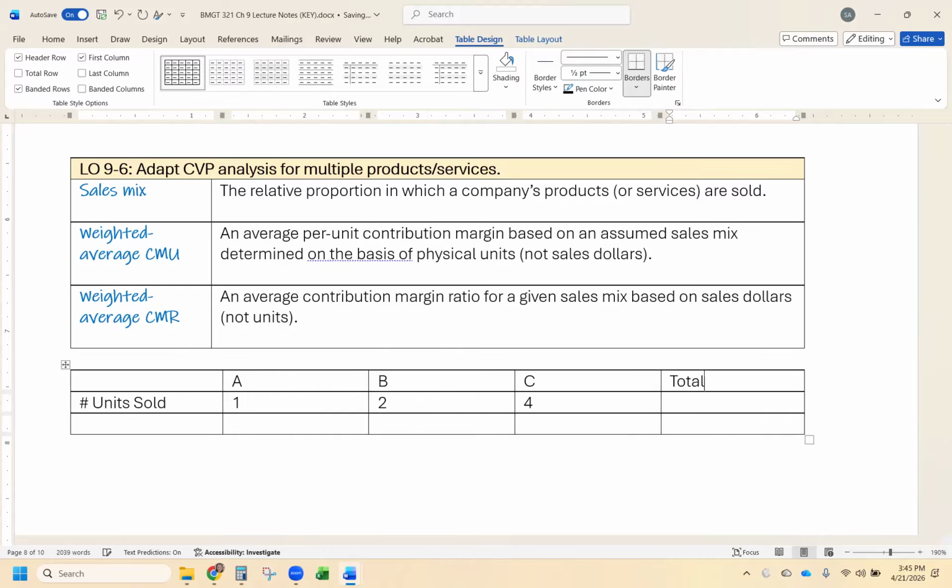All right, so the total number of units we sell them in groups of 7. That's just how it works out. 1 plus 2 plus 4 is 7. And this is what we call a combination unit, a composite unit. I think some of the books call it a composite unit. I call it the omni unit because it's kind of like the unit that rules them all.